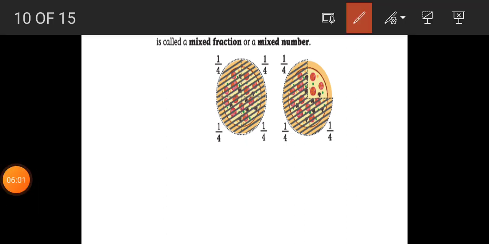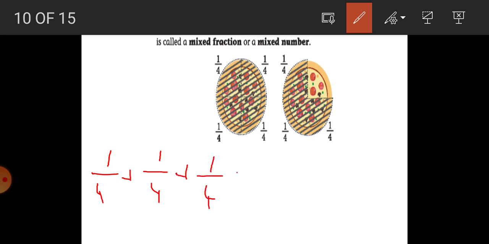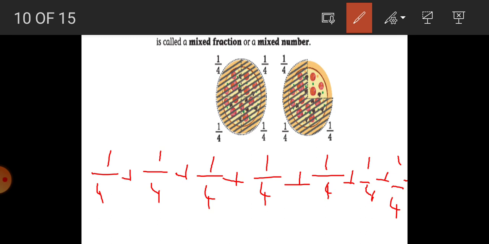So, we can write it as 1 by 4 plus 1 by 4 plus 1 by 4 plus 1 by 4 plus 1 by 4 plus 1 by 4 plus 1 by 4. Yes. So totally they have eaten 7 by 4.